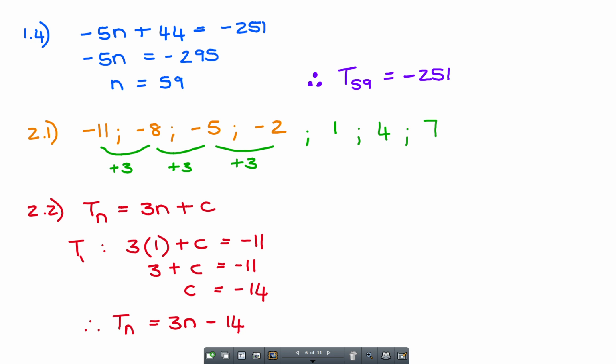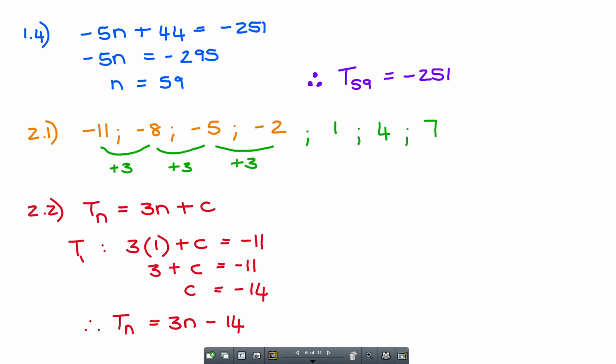Okay. Goed, dan by 2.2, over here they ask me for the nth term, so ek soek die algemene term. So omdat hier die hele tyd plus 3, plus 3, plus 3 was, I know it will be 3n. Dan kort ek mos nou nog daai waarde van c.